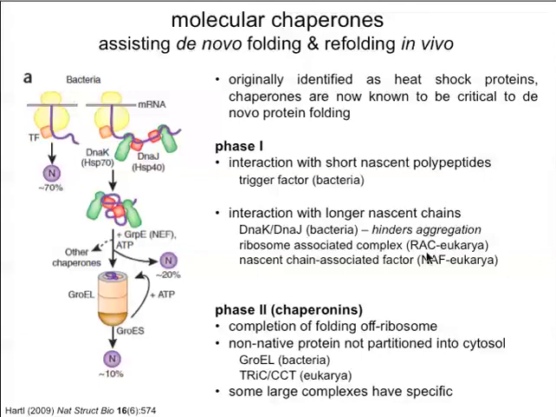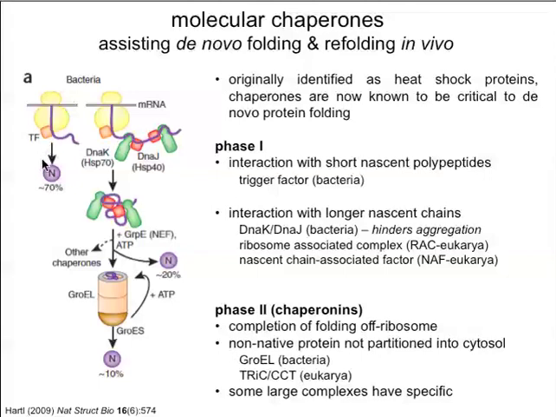I've listed some other complexes that are important to eukaryotes. Not so important. I just want you to remember that they can interact on or near the ribosome, and then later the chaperonins, the phase 2 set of molecules, come into play, and these complete the folding off the ribosome.